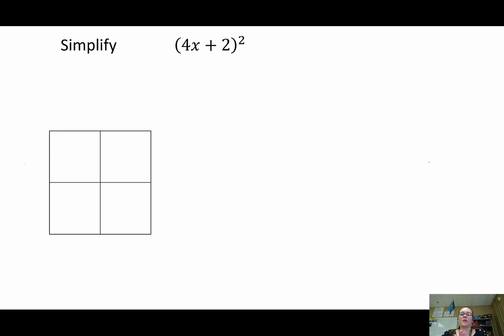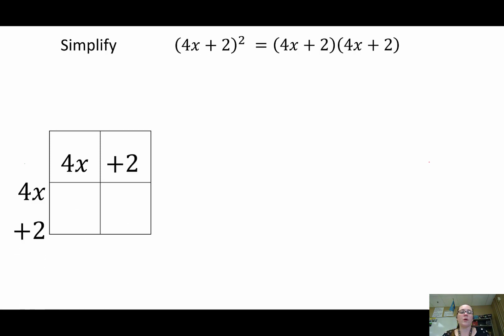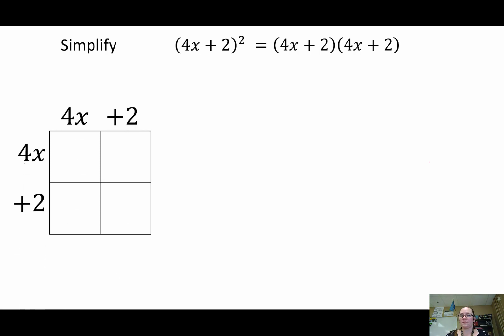All right, we'll look at another one. Now this is a special case, guys. So anytime we have that squared there, it's basically taking what's in parentheses and multiplying it to itself. So both the top and side of my box are going to be the same.